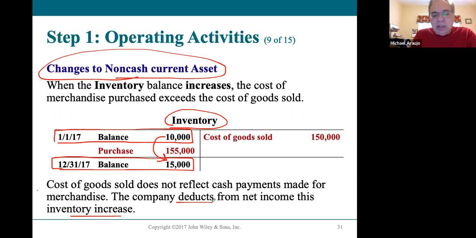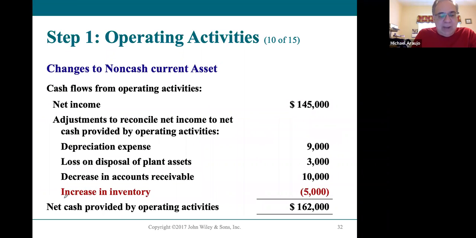So we're going to deduct that from our net income. Any increases in inventory basically used up some of the cash. So we would subtract out any increase in inventory, because any increase in inventory would logically mean we had to spend more cash to buy it. So we subtract it out of the cash flow for operating.